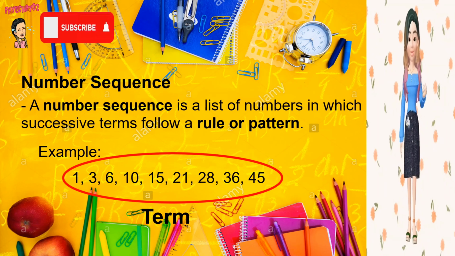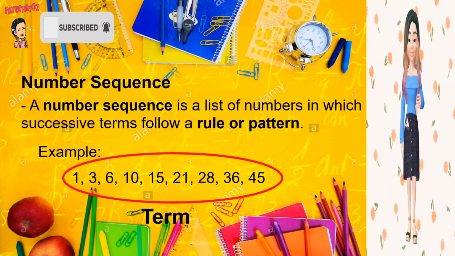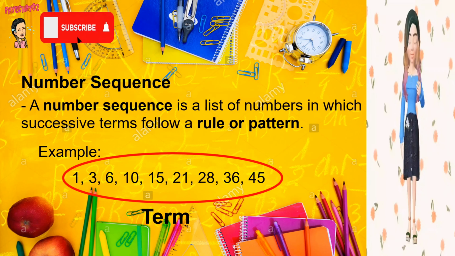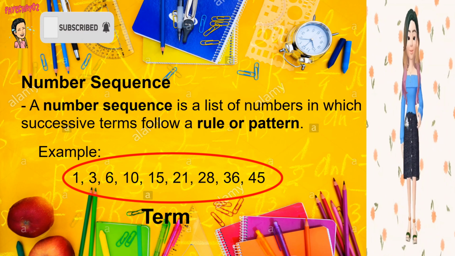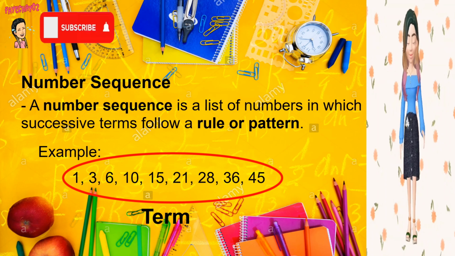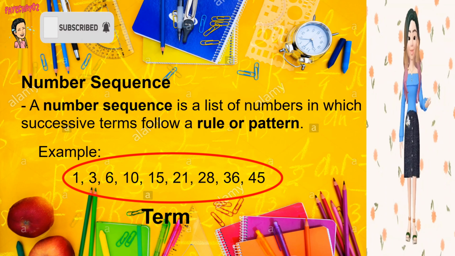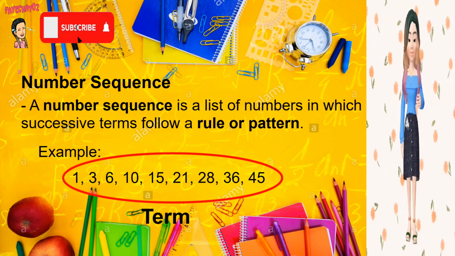So, 1 is the first term, 3 second term, 6 is the third term, 10 fourth term, 15 fifth term, 21 sixth term, 28 seventh term, 36 eighth term, and 45 is the ninth term. So, this number sequence consists of 9 terms.